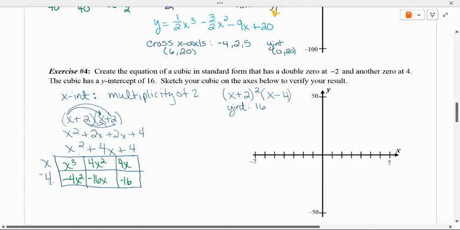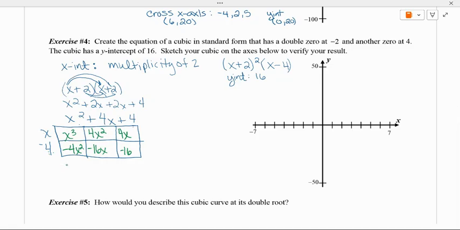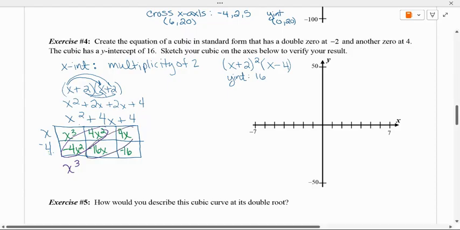Okay. So this becomes, well, I don't want to use y yet, x cubed. These cancel out. These become -12x minus 16.